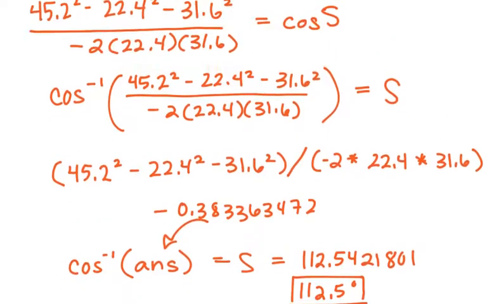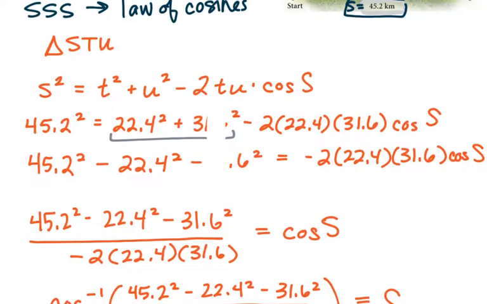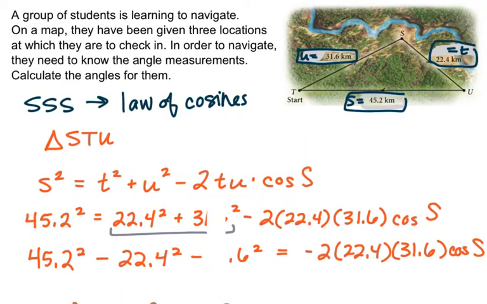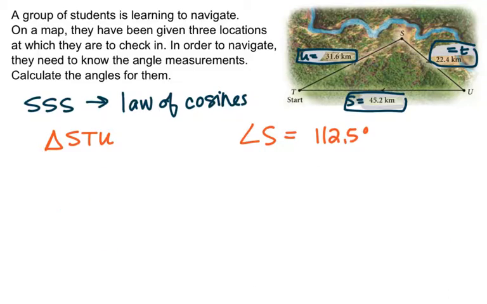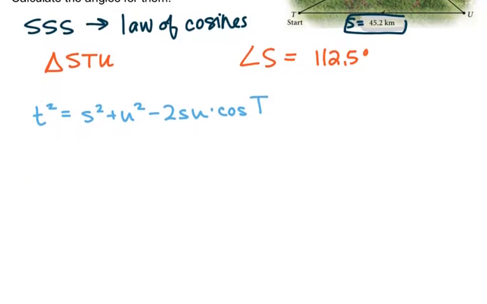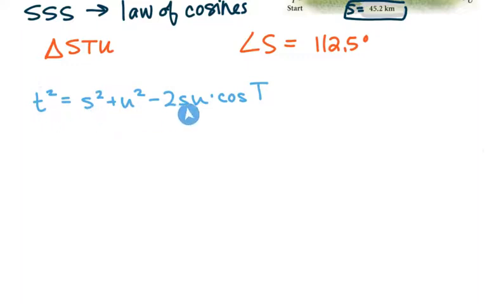Okay, so let's go back up. Now that we know that angle S is 112.5 degrees, let's find a different angle, maybe angle T. Now my formula set up using the law of cosines for angle T is going to be T squared equals S squared plus U squared minus 2 SU times the cosine of big T. And I know we've looked at a problem before where I went ahead and rearranged this.